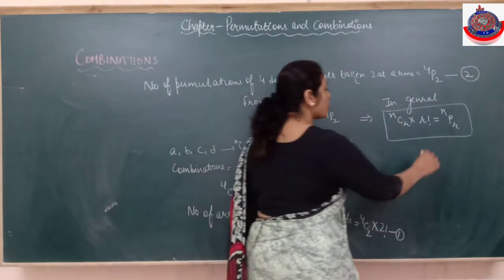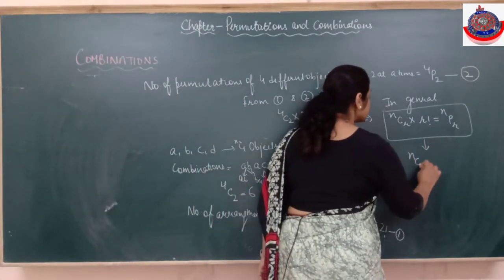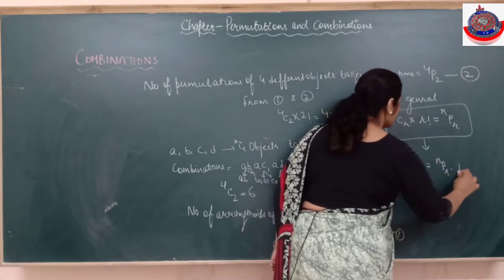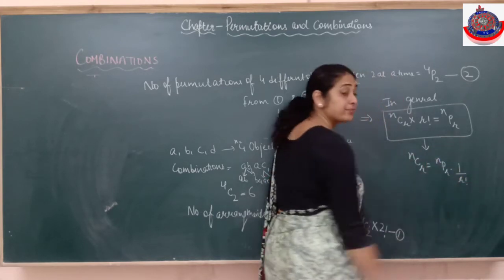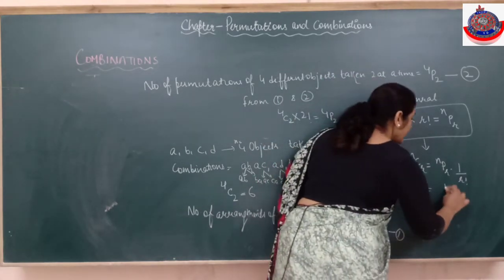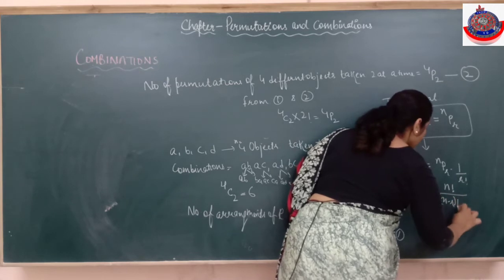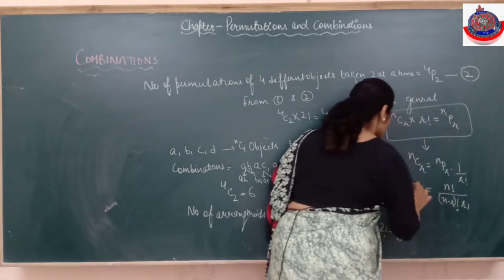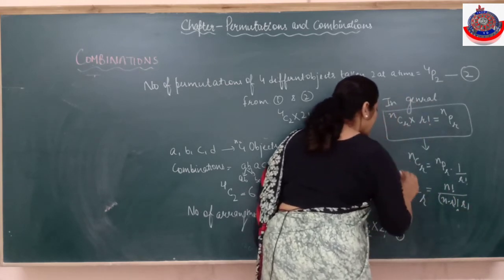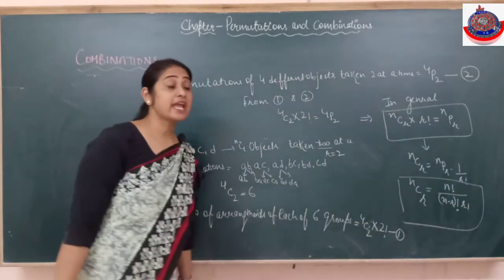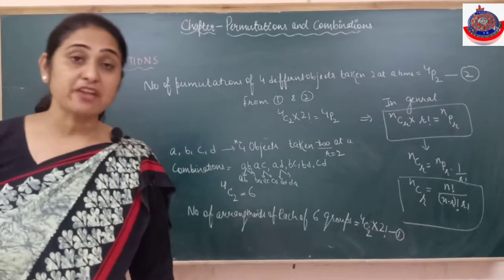So what will be the formula of nCr? nCr is equal to nPr upon 1 by r factorial. Write the formula of nPr: n factorial upon n minus r factorial. So we got the formula of nCr. nCr is n factorial upon n minus r factorial into r factorial.